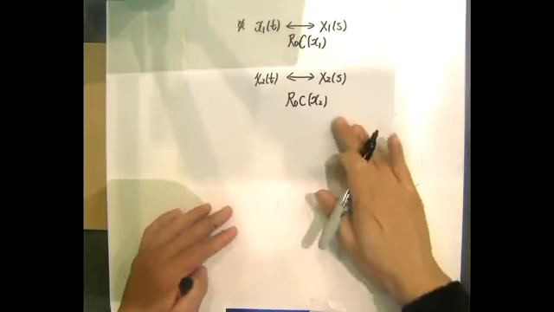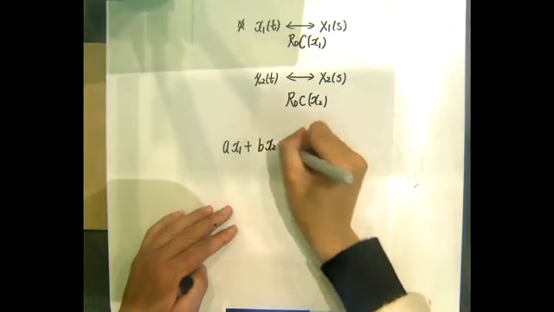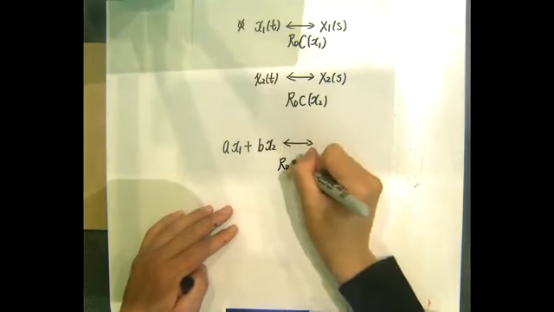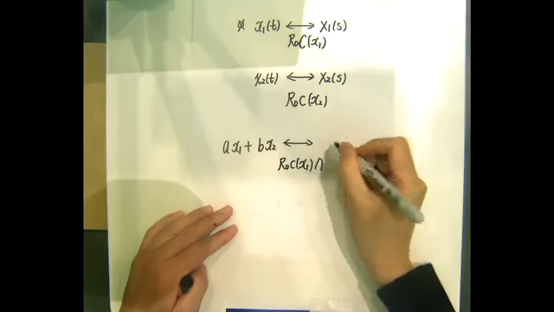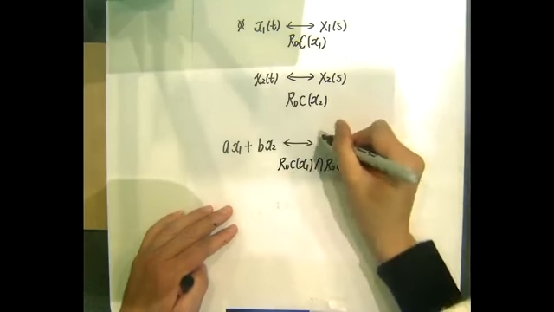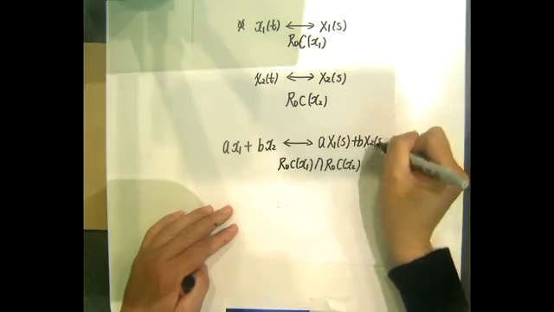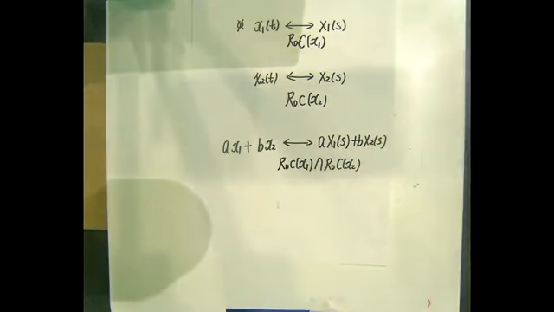Then a x1 plus b x2 will have the region of convergence of x1 intersect the region of convergence of x2, so that I can have a X1(s) plus b X2(s), because in that region both Laplace transforms are well defined. Is that correct? Okay.